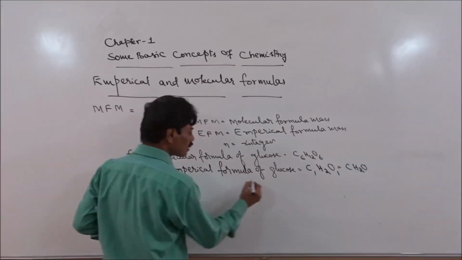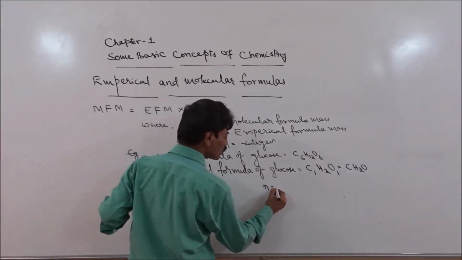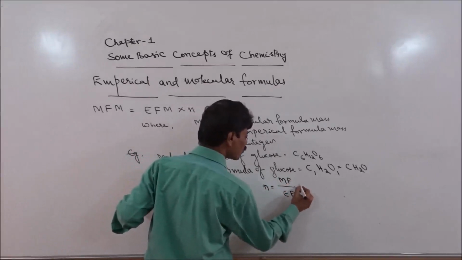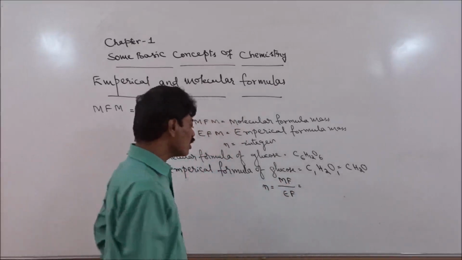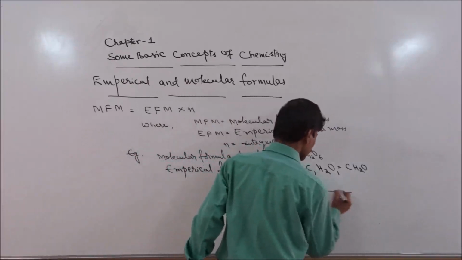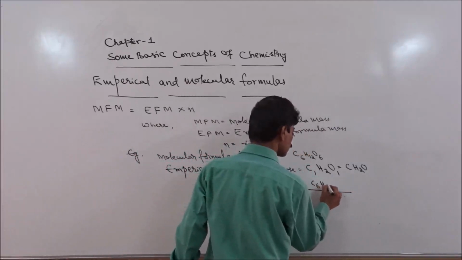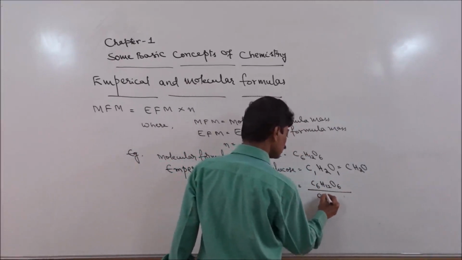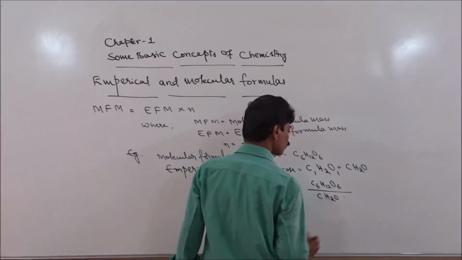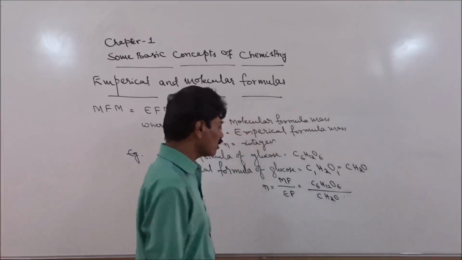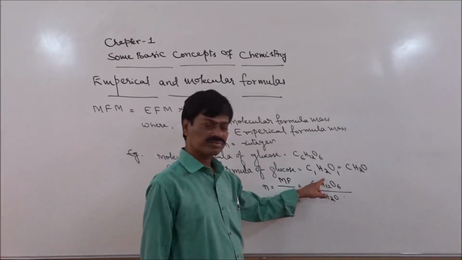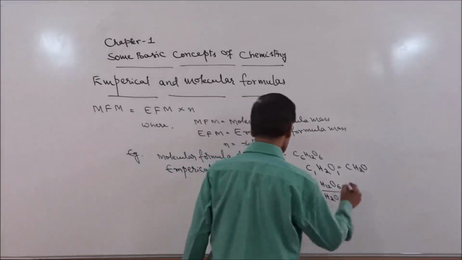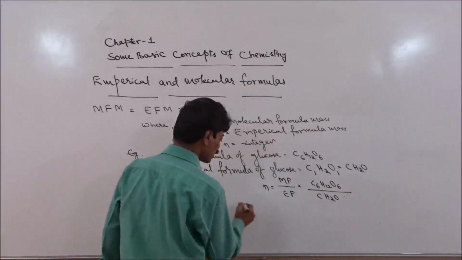Now, the integer n is equal to, we know, molecular formula divided by empirical formula. So the molecular formula here is C6H12O6, and the empirical formula is CH2O, and this cancels the numerator 6 times.